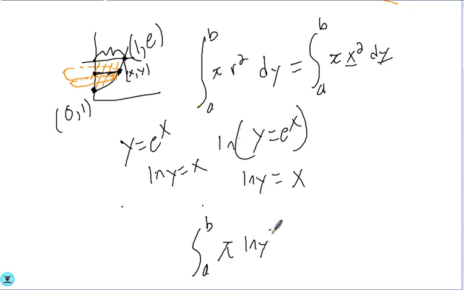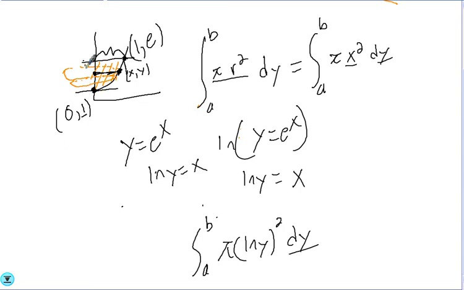Okay, so at this point, the only thing we have left to do is find out what a and b are. So we go back up to here, and the thing we want to pay attention to now is that we're doing dy. So when we're doing dy, we should be looking at where our y starts and ends, as opposed to where x starts and x ends when we're looking at dx.